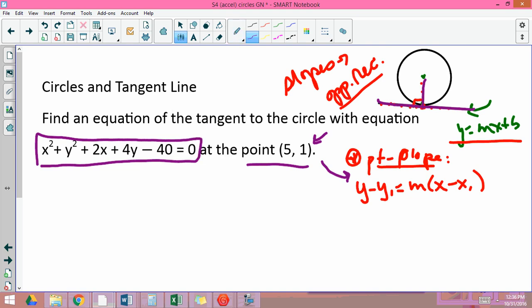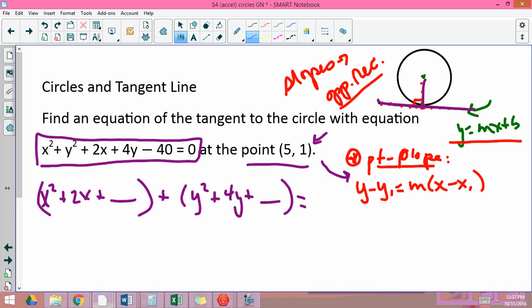So, remember when we complete the square, we put our x's and our y's together, leaving that blank, and we move the constant to the other side, leaving 2 blanks. So half of 2 is 1, square it and add it to both sides. Half of 4 is 2, square it, add it to both sides.